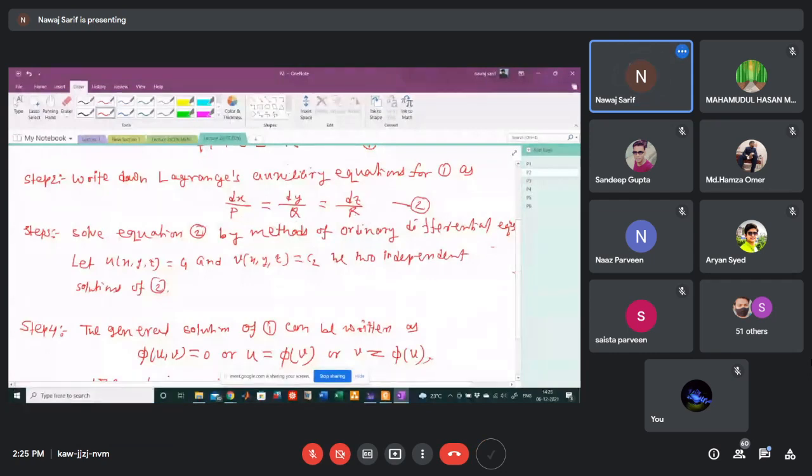There may be some terms where there is a common term, maybe here xy and here yz, so y may be common, or maybe here y square and this is xy, or in R there may be a term where the common term is y. So there may be different types of P, Q and R. Depending on the choice of P, Q, R, there are some rules to find the solution. You cannot directly find the solution; it depends on the variety of P, Q, R given in your equation.